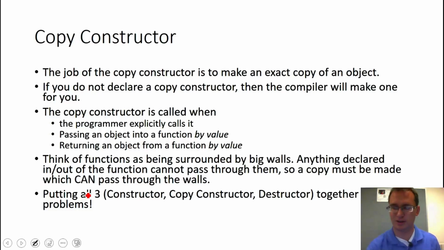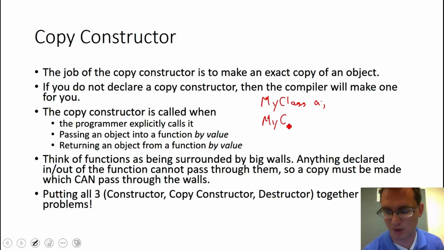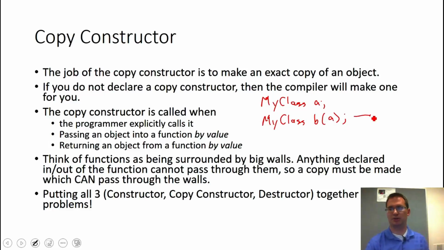So if you had my class A, and then if you did something like my class B A, this line here would call the copy constructor. Now, whenever we pass an object into a function by value, or return a function by value, that will also call the copy constructor.